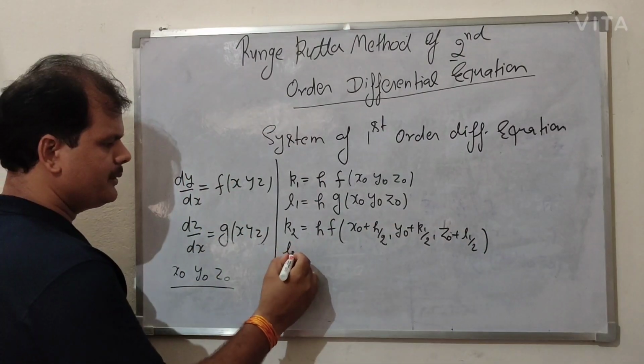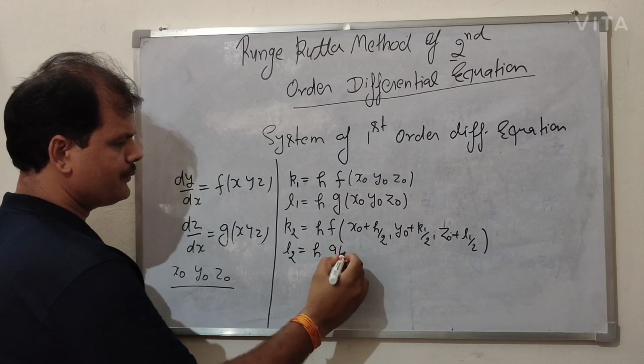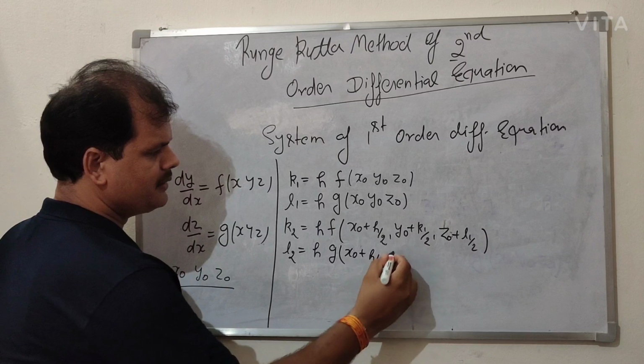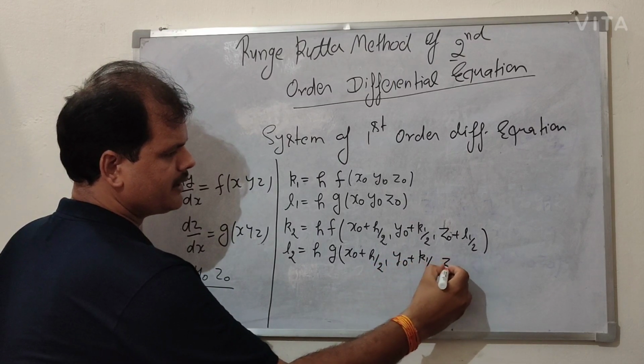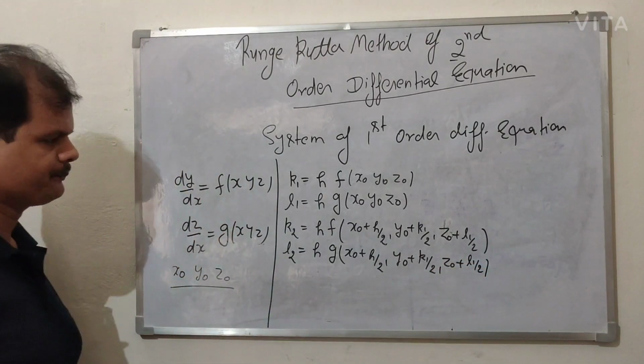And L2 will be the same, only f replaced by g: g of x0 plus h by 2, y0 plus k1 by 2, z0 plus L1 by 2.